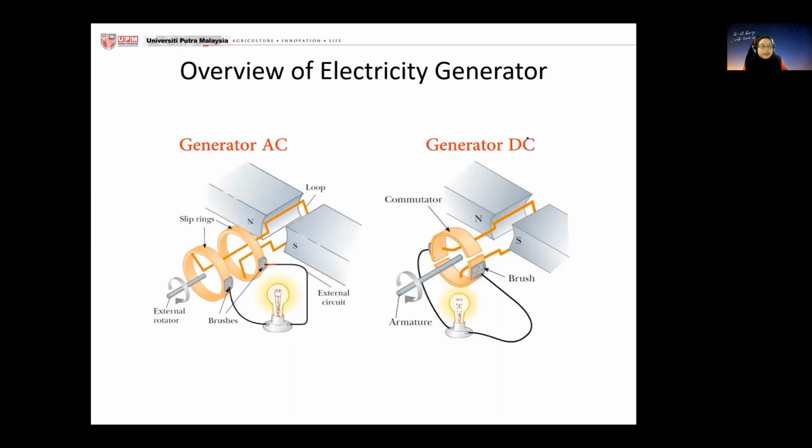And in the DC generator, this is what happens. As it turns, the brush is here. Imagine when it comes to this gap, it's going to change to this side.